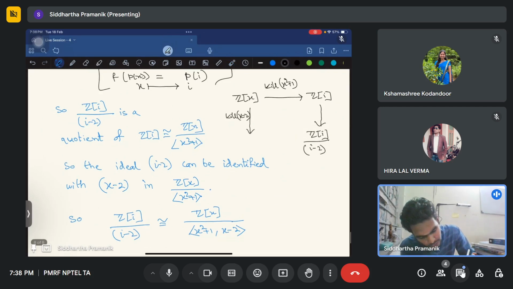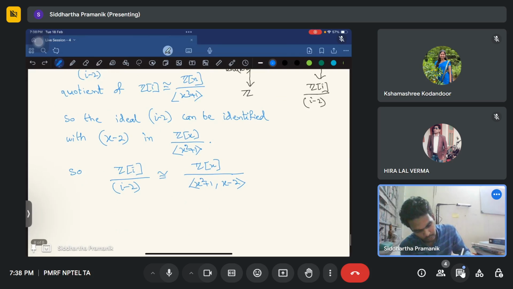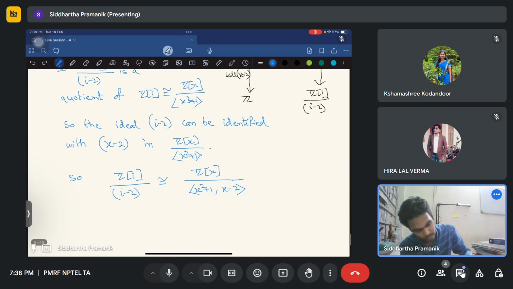So if we kill x − 2, then we will get Z, right? Because Z[x] mod (x − 2) means we are killing x − 2. So this is isomorphic with Z. So here we are sending p(x) to p(2).